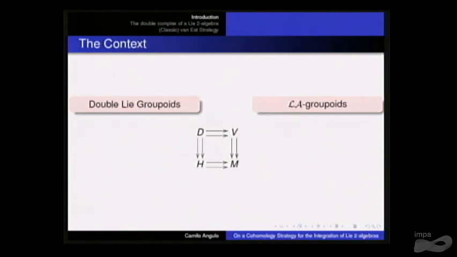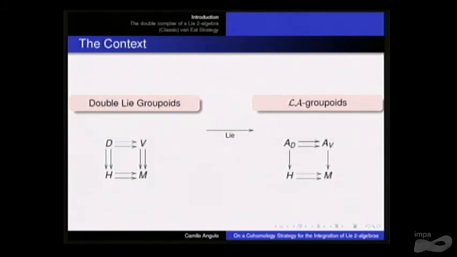If you've got one such thing, you could differentiate, and since all of these structural maps are homomorphisms of Lie groupoids, you'll get Lie algebroid morphisms on this side. So an LA groupoid is a groupoid object in the category of Lie algebroids.